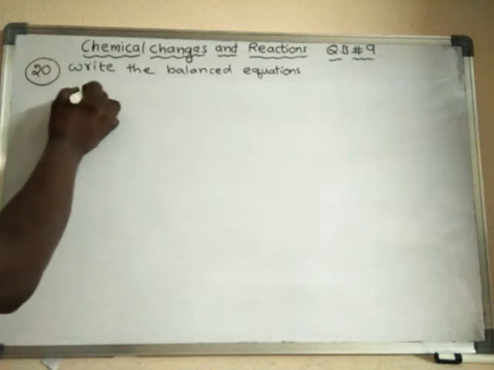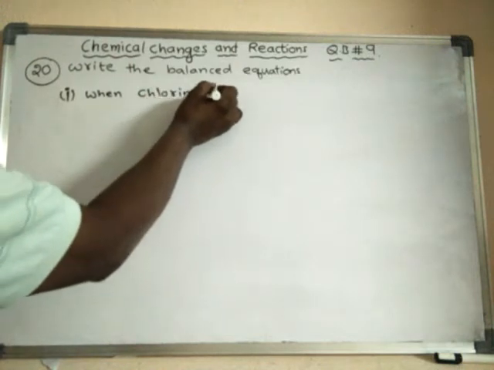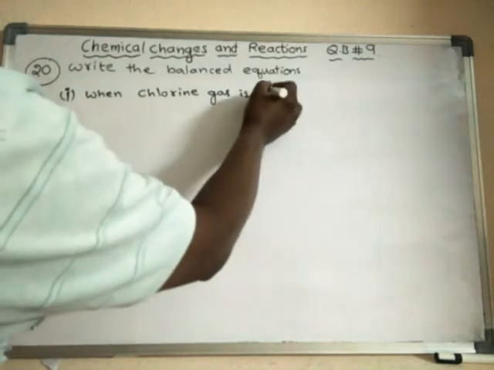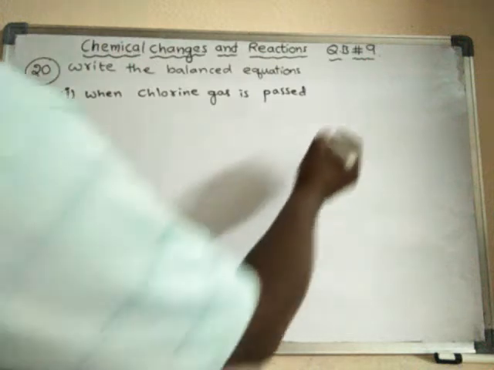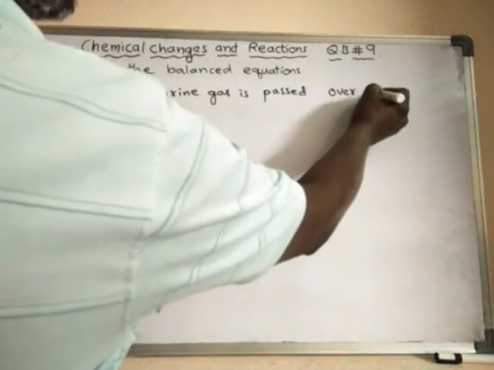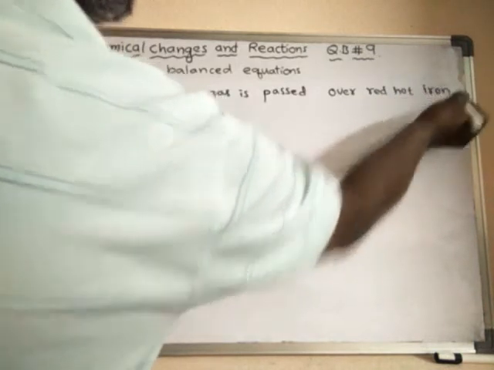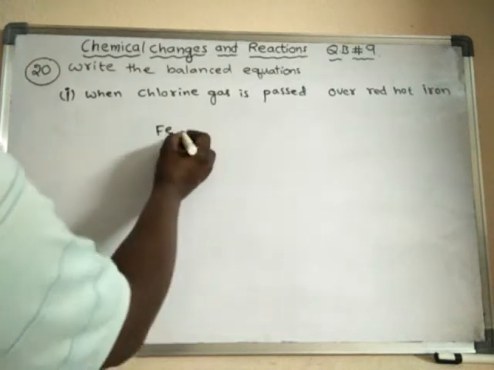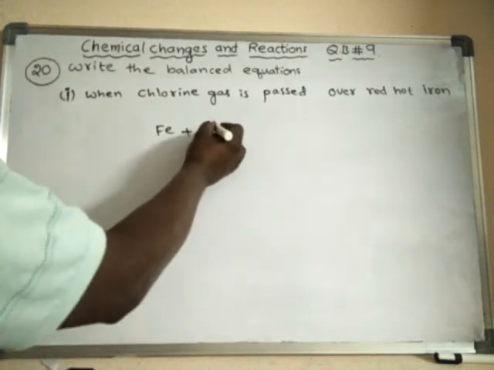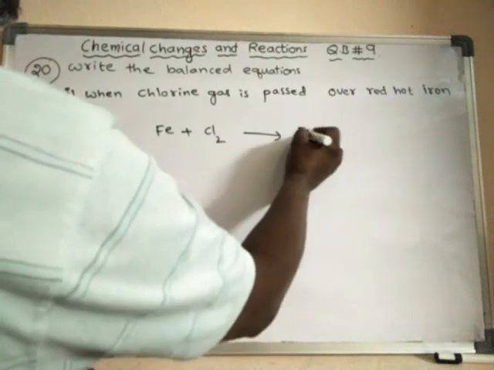That means when iron is heated to red hot, and onto this, if you pass chlorine gas, a reaction takes place between these two, and it forms ferric chloride, FeCl3.